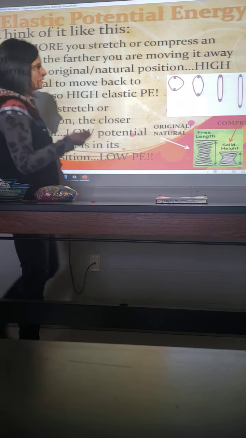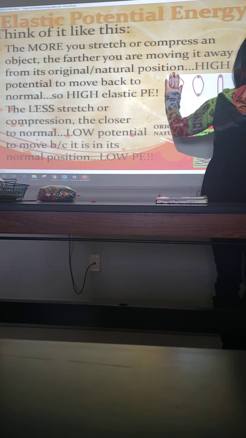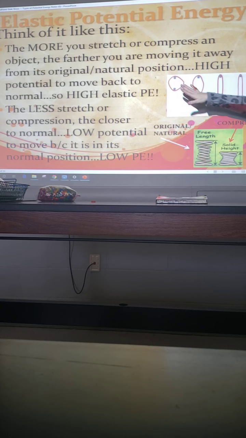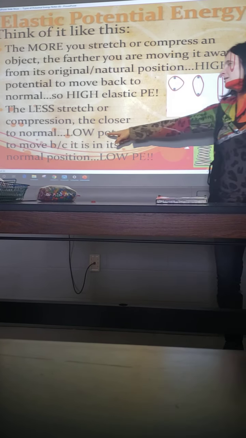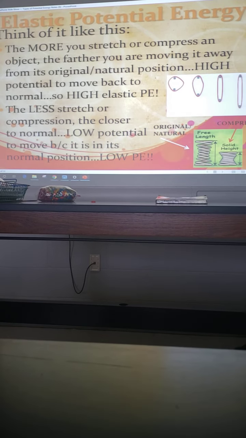So if we look at this, we have one extreme to the other. Raise your hand if you think that the one on the left is closest to the original position. Okay? Raise your hand if you think this is closest to the original position. You guys. Okay. So if this is closest to the original position, then this means it's going to have low potential energy because it's already pretty normal.